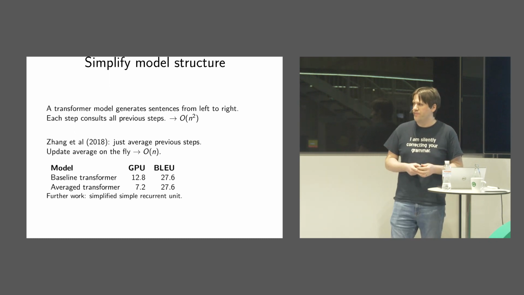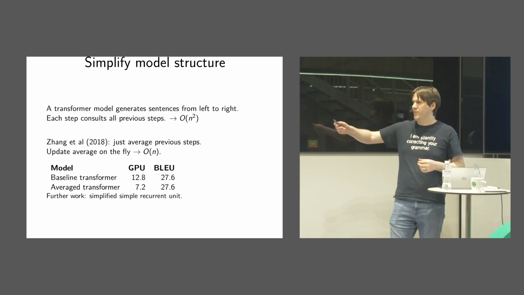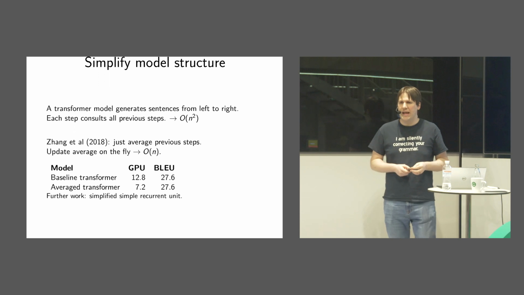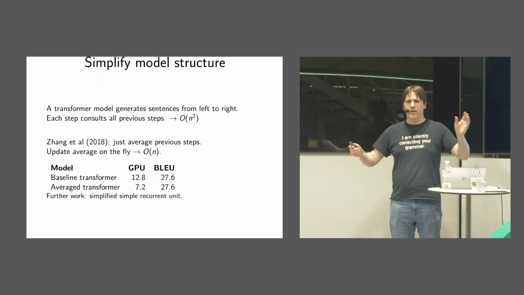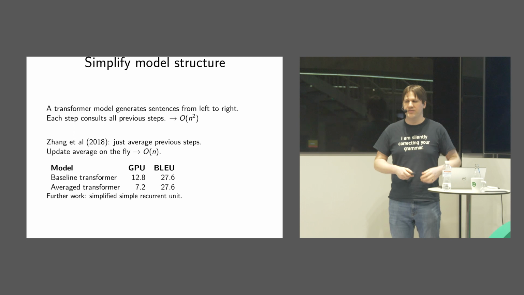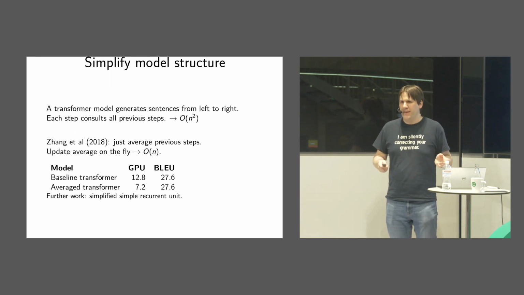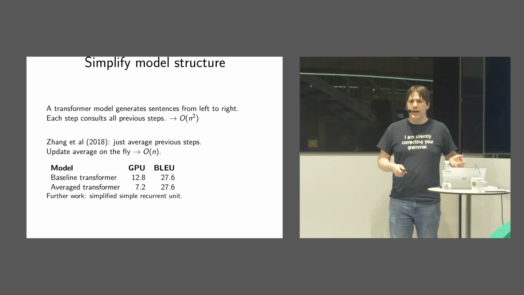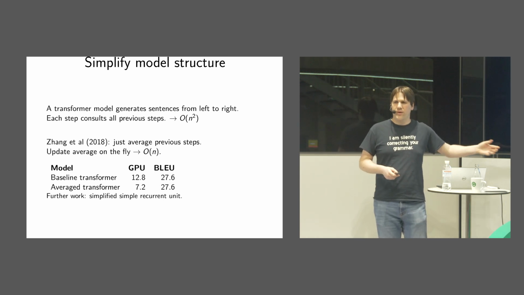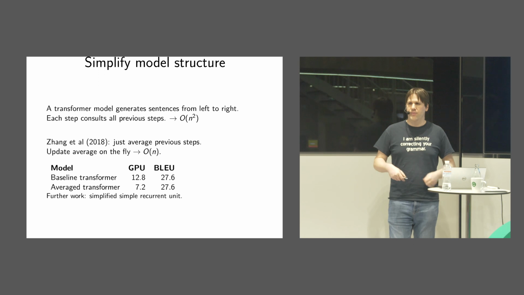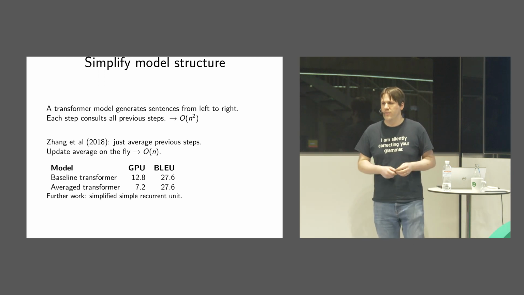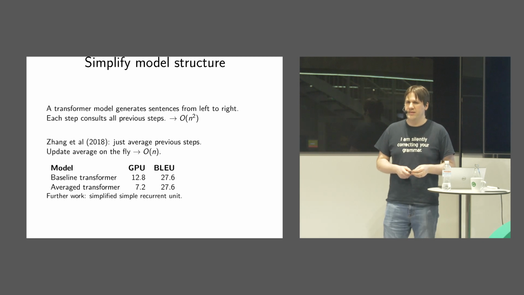But he came up with a relatively simple idea, which is just average. Instead of doing some fancy weighting of all the prior states, just compute the average, and that works just as well. And then you can compute a rolling average of all of the prior words that you've generated on the fly with a minor update rule of the average, and that runs in linear time in the length of the sentence.